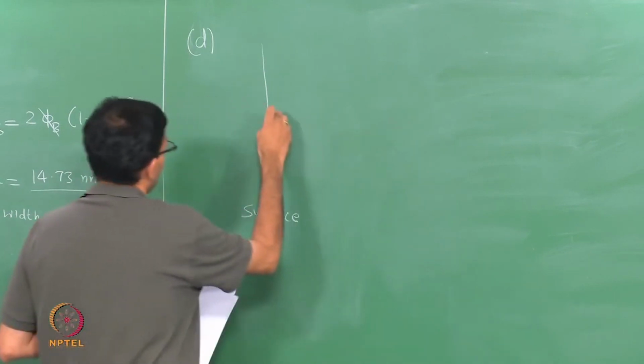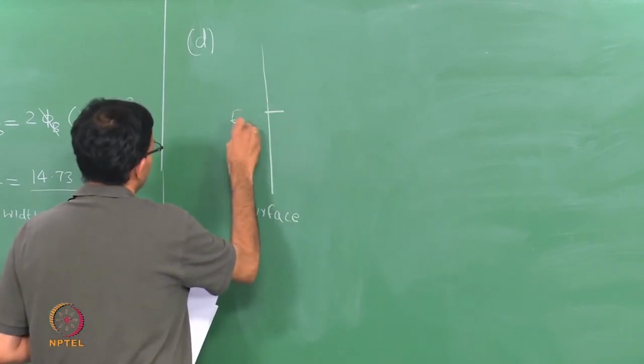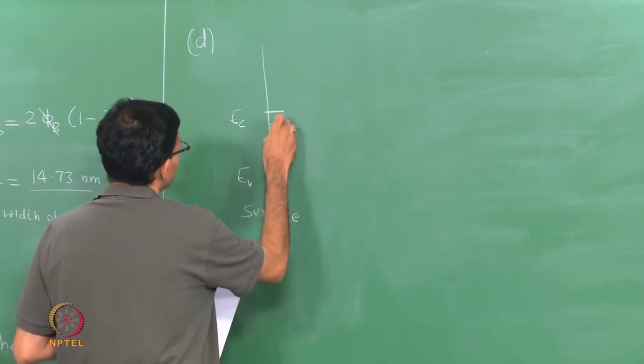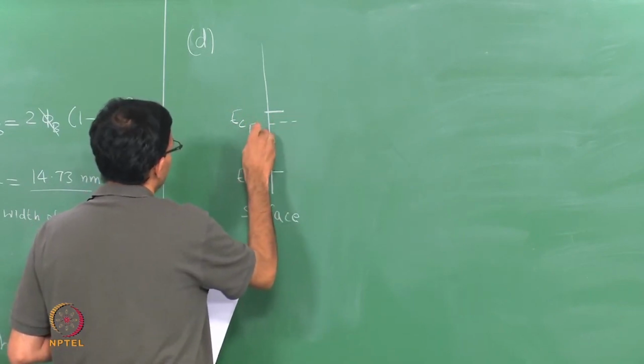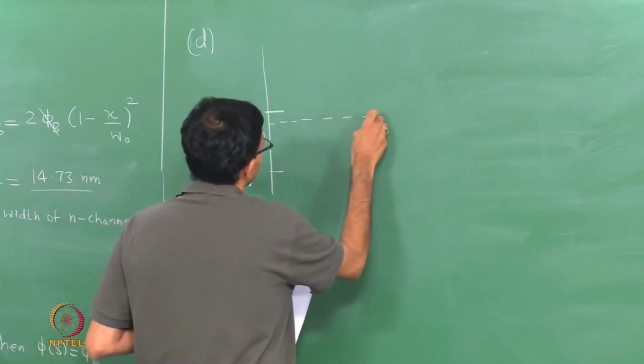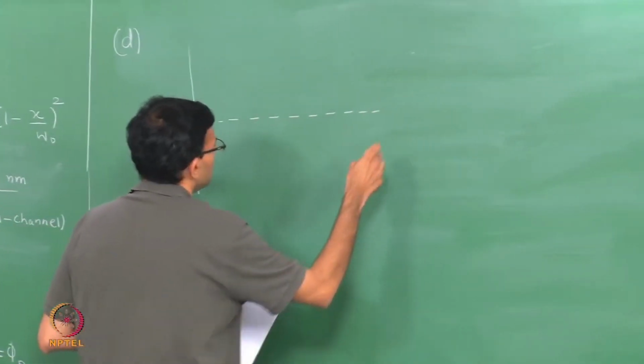At the surface you have an N type material, so EC, EV, EFN. The Fermi levels should essentially be constant.